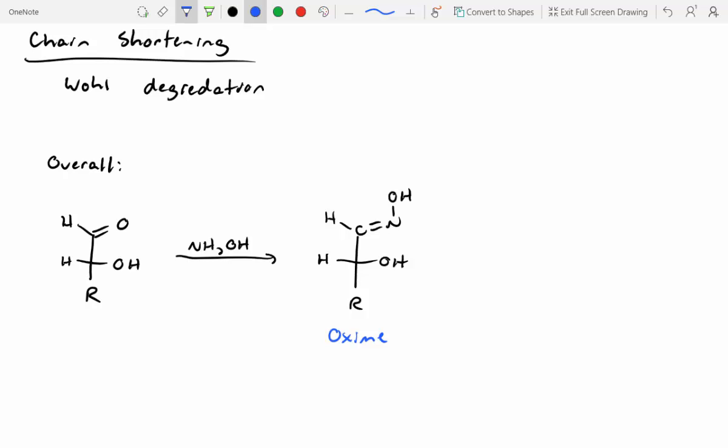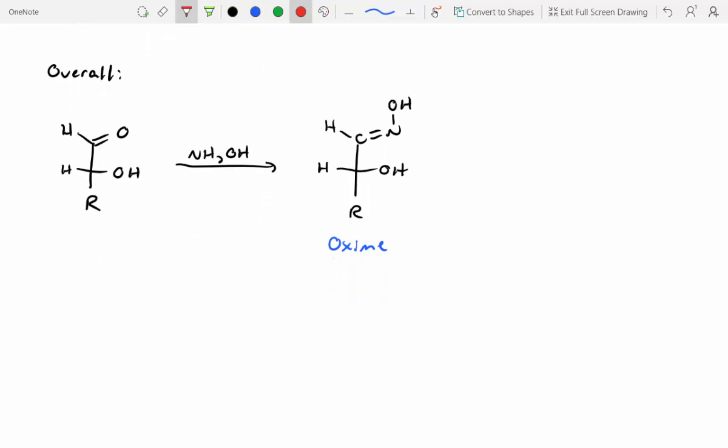Now the next thing we need to do is turn that alcohol into a good leaving group. So let's highlight that. Must turn into leaving group. The way we do this is pretty straightforward.